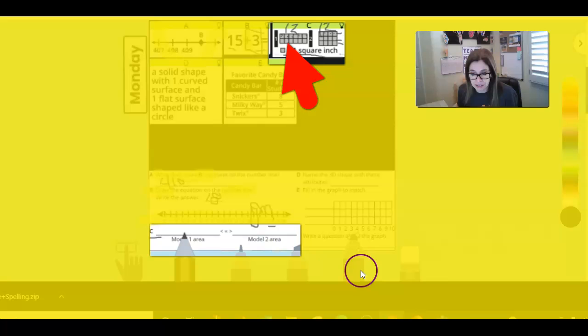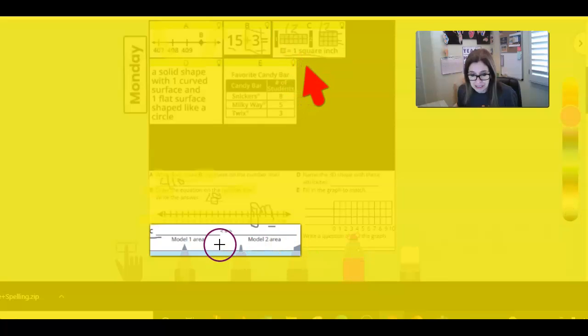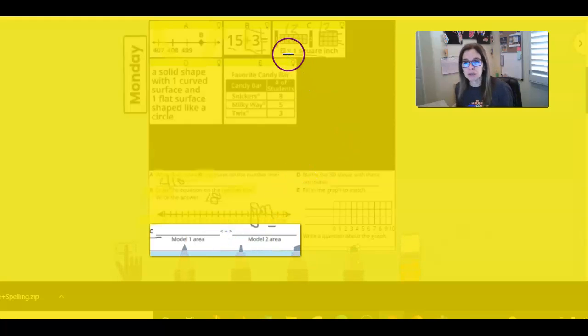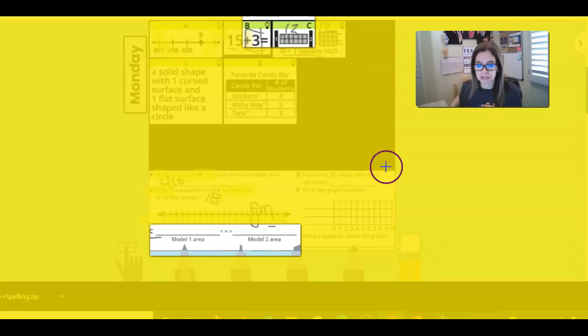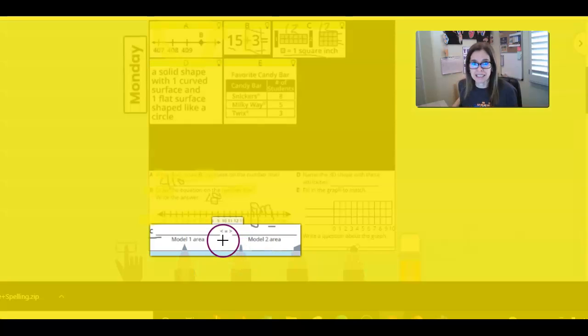Let's go back down here to the chart. Do you see that I'm going to have to compare, use these comparing symbols, right? Erase that highlight there. Makes our paper a little messy. All right, so what do we know about 12 in Model 1 and 12 in number 2? We need to say, are they less than, equal to, or greater than?